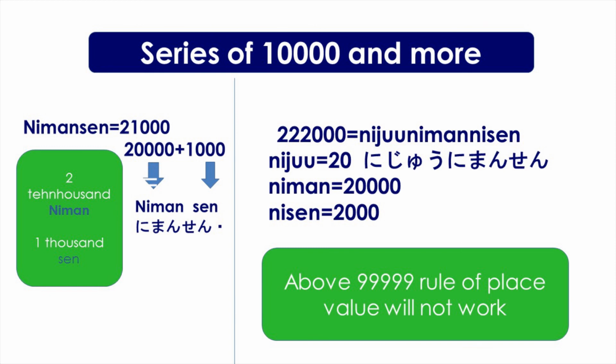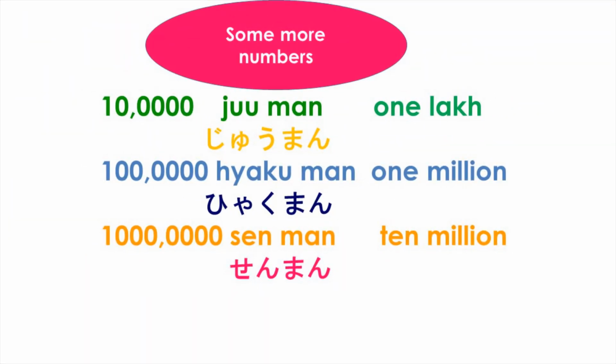Now some more numbers. So for 1 lakh it is Juman. For 10 lakh like 1 million that will be Hyakuman, and for 10 million that will be Sen Man.